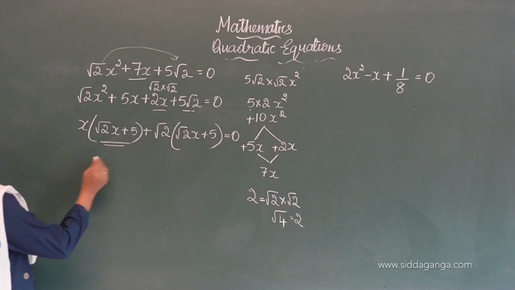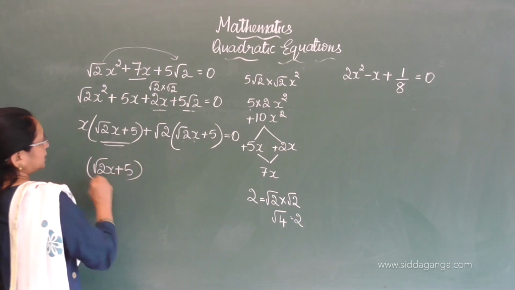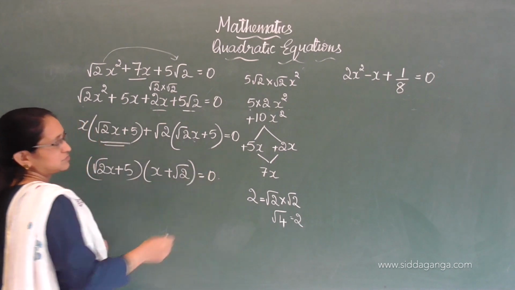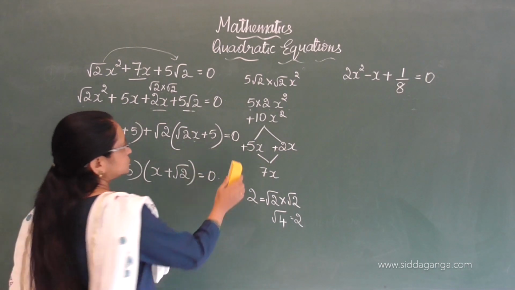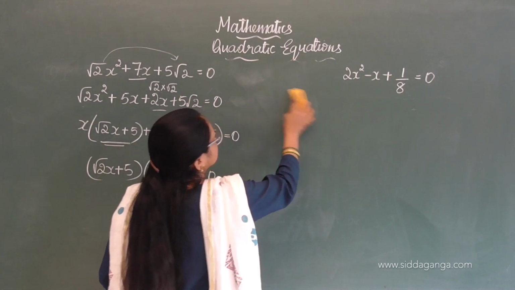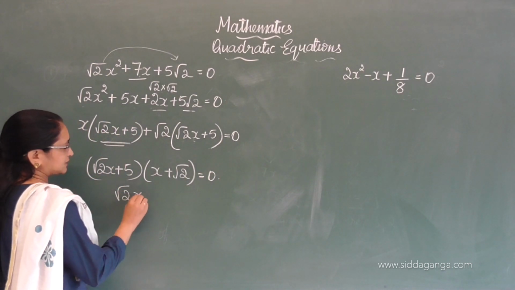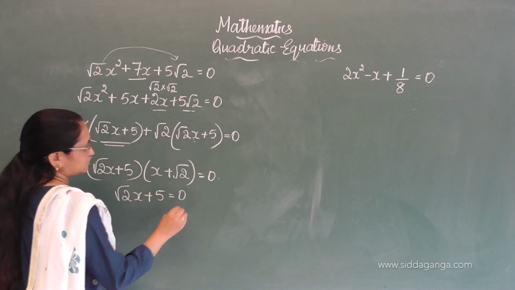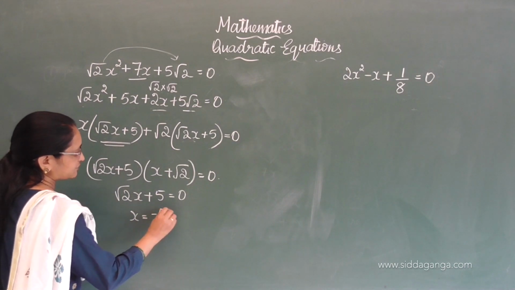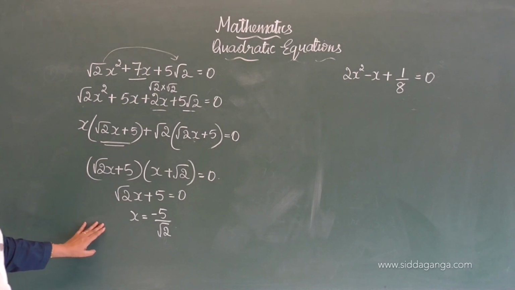Okay, now common root 2x plus 5 and x plus root 2 is equal to 0. I am going to rub this, otherwise you will get confused. I hope you understood this. Next, now here root 2x plus 5 is equal to 0. Then x is equal to, you all know, minus 5 by root 2.